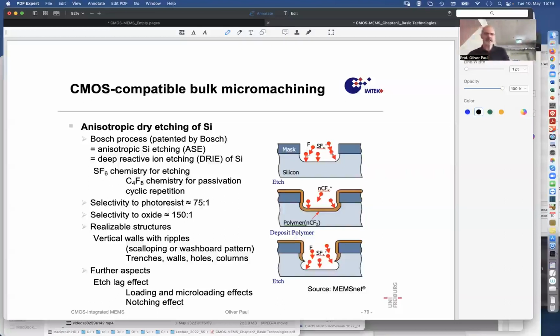So Franz Lermer and Angela Urban invented this process where silicon is attacked by, again, one of those fluoride-rich compounds, sulfur hexafluoride, SF6, and this is an isotropic etchant, pretty isotropic.